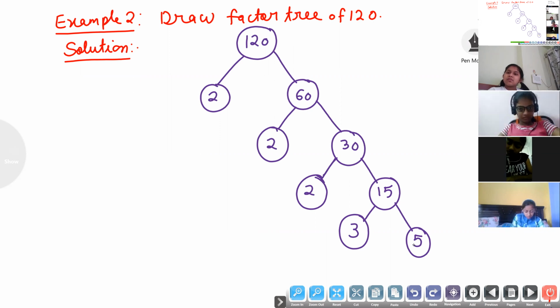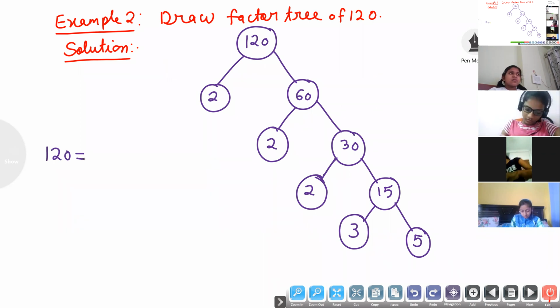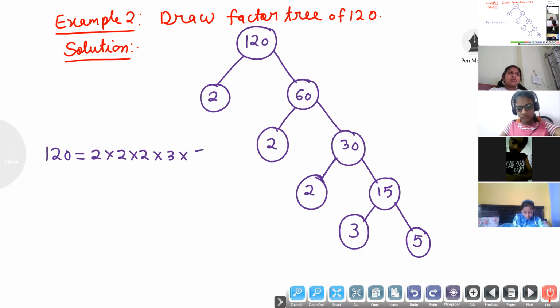Then 120 is equal to 2 times 2 times 2 times 3 times 5. If you multiply all these factors, students, the answer will become 120. If your answer is not coming, then your answer is wrong, your figure is wrong.